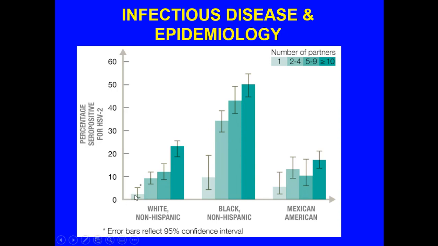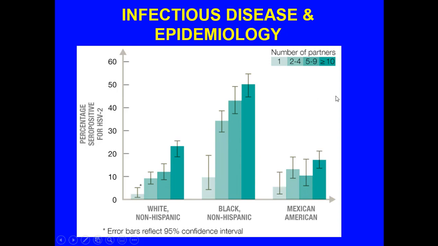But you have a histogram here of basically groupings over a certain period of time. In this case, the groupings are how many sexual partners these individuals had: 1, 2 to 4, 5 to 9, 10 or more. And what you can keep seeing is this what? Increase in individuals.